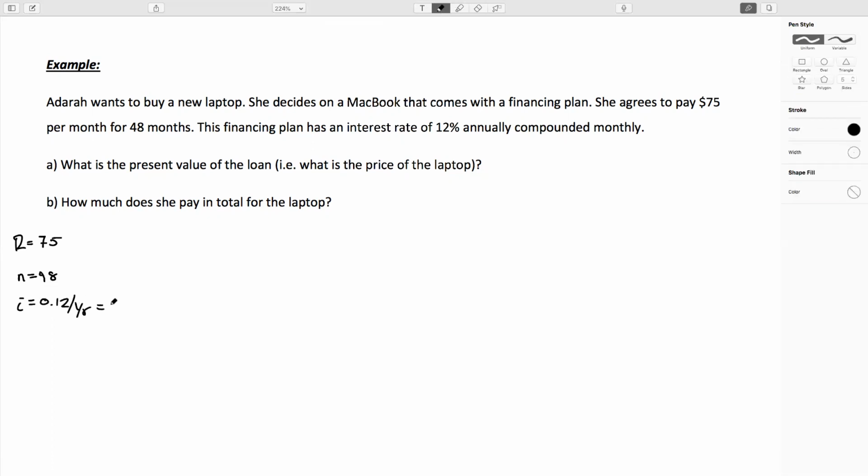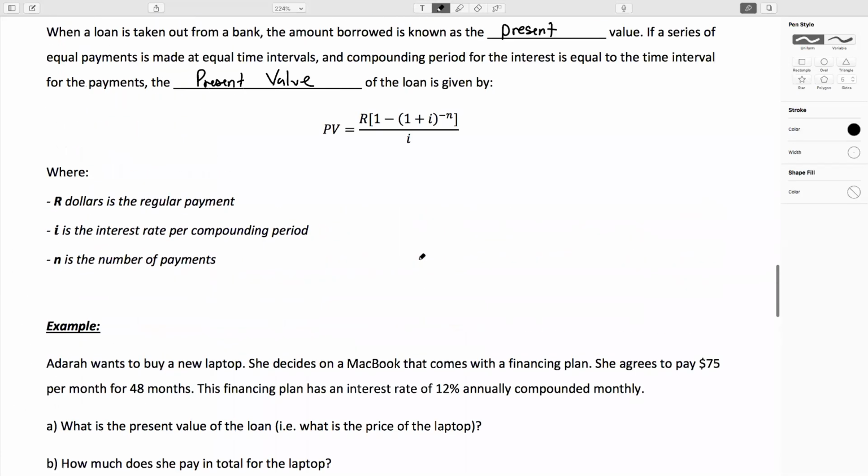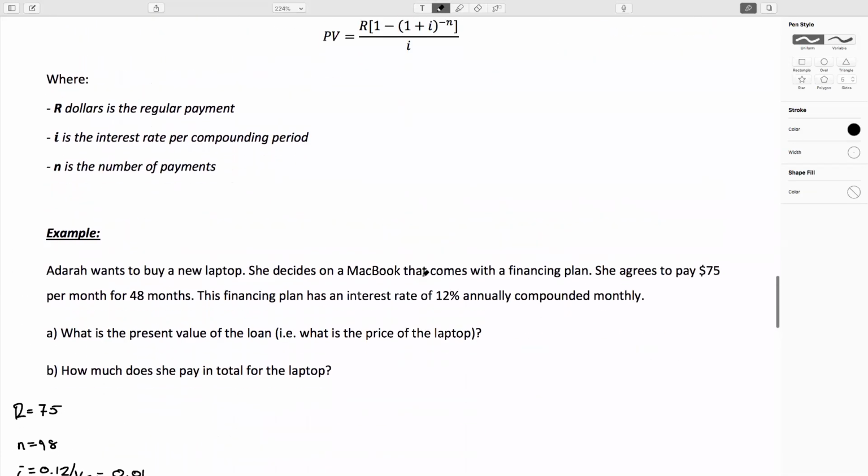If we divide that by 12, that's 0.01 per month. And then lastly, we need to find PV in this question. PV is the present value, and so we're just trying to find that.